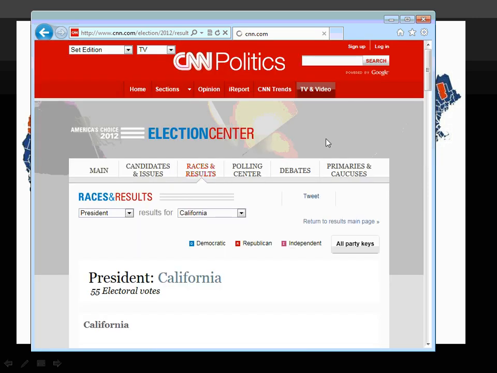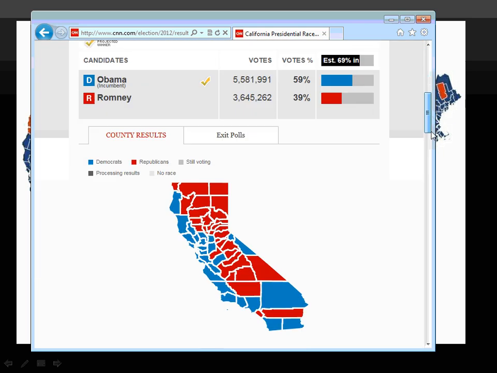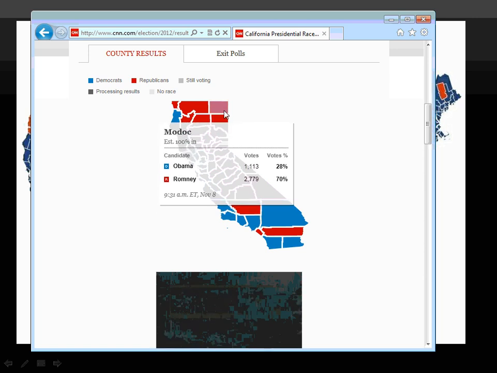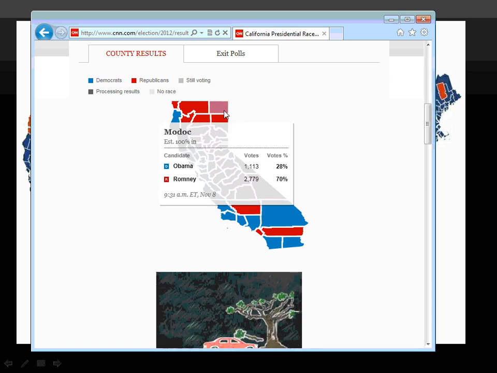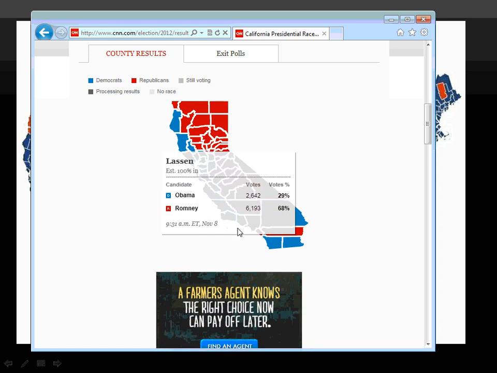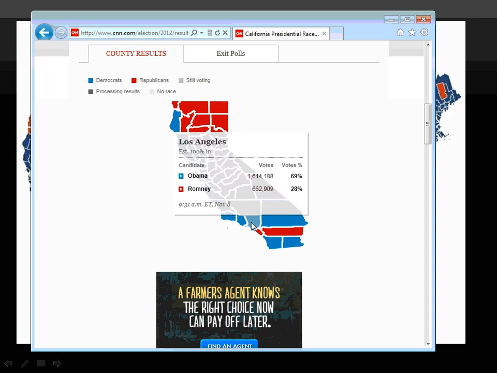When you look up here, less than 10,000 votes from this county, less than 4,000 votes from this county. Of course, they're 70% for Romney, but easily canceled out by Los Angeles County.